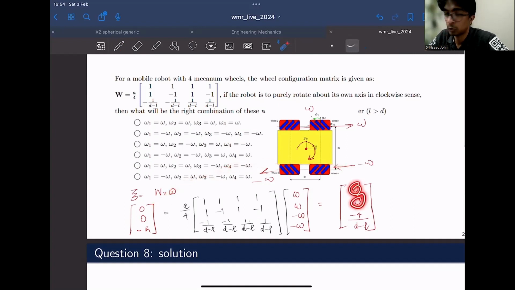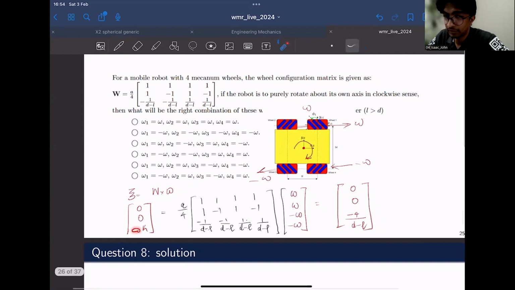First two entries are 0. But what about the third entry? It also has a negative here. We also wanted a negative here. But is this term really negative? We are also asked to consider L to be greater than d. If d is less than L, then the denominator will also be negative, right?